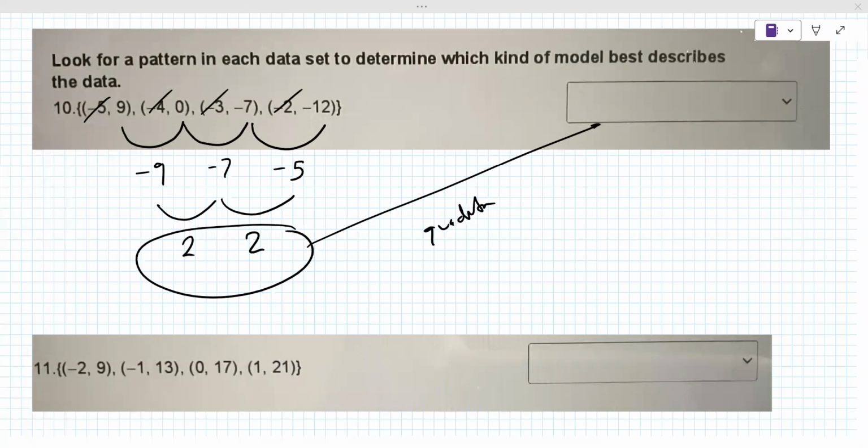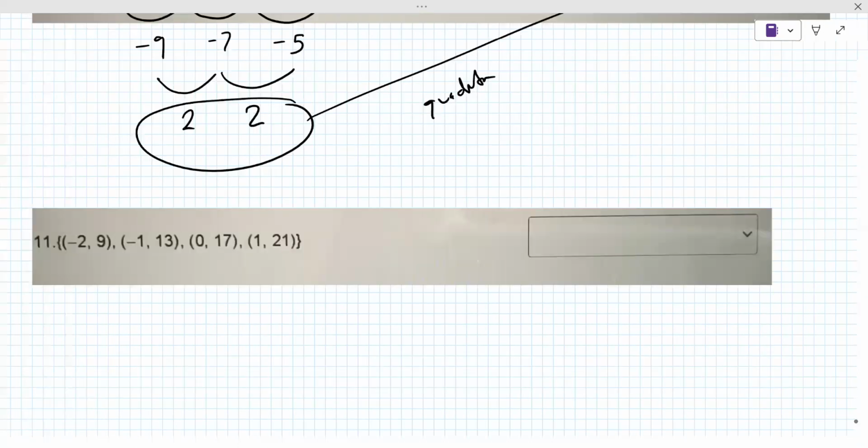It's all 4. Okay, so what does that mean? The 4 is the first difference? That means that it's linear. Yes, exactly. It actually doesn't matter what the number is, as long as the first difference is the same, it is linear.